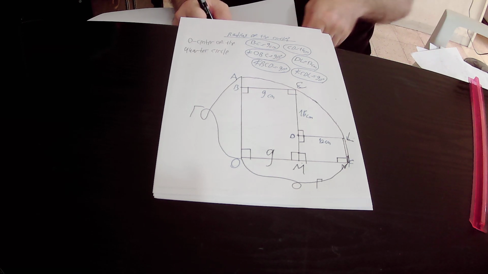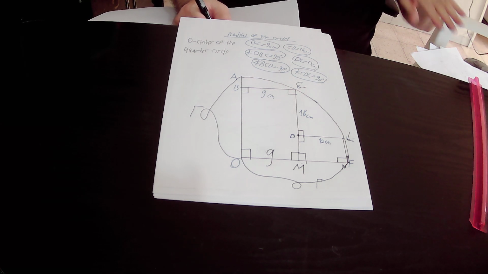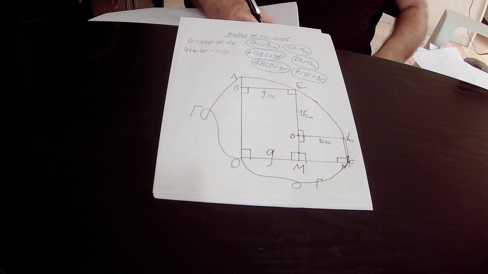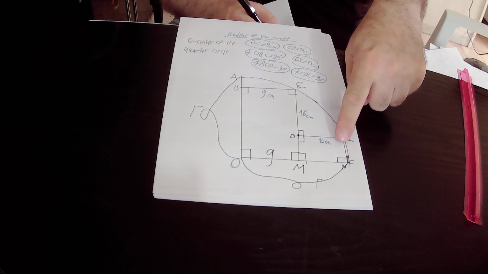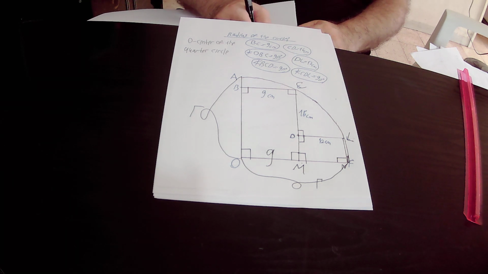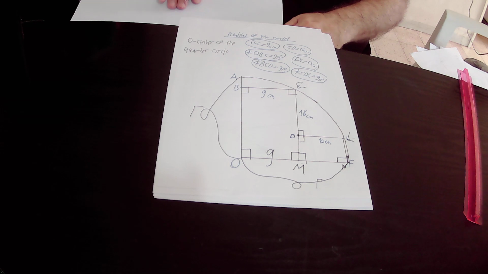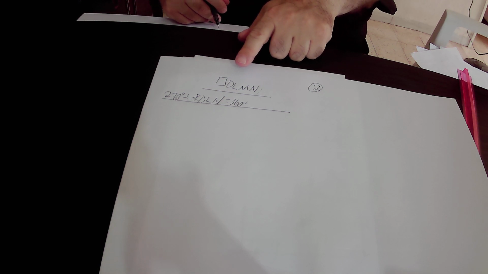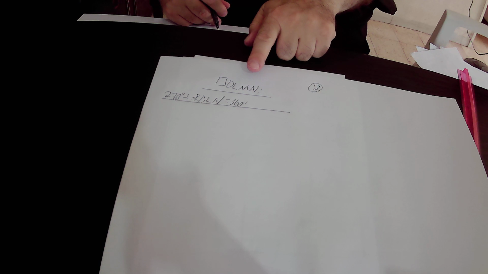So 270 degrees plus the size of the fourth angle, this angle, that is actually angle DLN. In total, the sum of those 4 angles must be equal to 360 degrees, according to the rule that the sum of the angles in any quadrilateral is equal to 360 degrees.